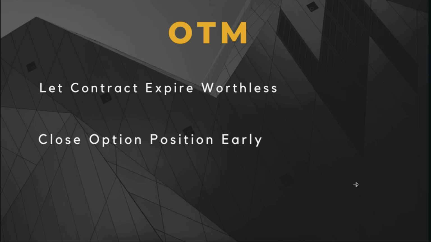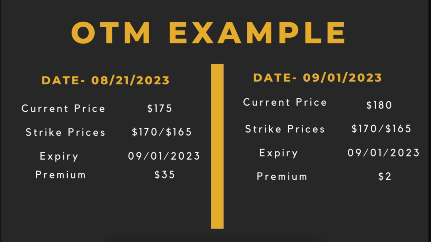So it's always best that if you have already gotten 80 to 90% profit on a spread position, it's good practice to just close it early. So going back to this example, if it is September 1st and you have already gotten like 98% of the profit, you just pay $2 and close that spread, so you would be good to lock in that profit. And this is how you lock in your put credit spread early, right? You pay the remaining premium and you buy back, or completely close, that spread.